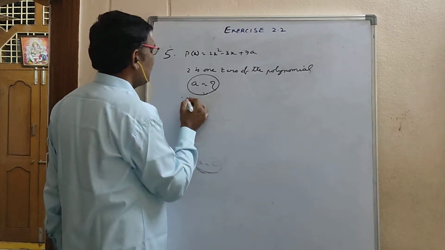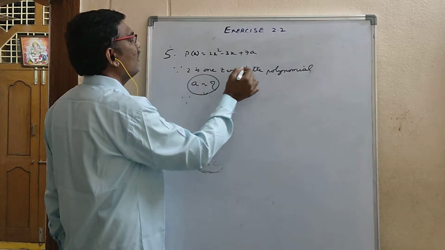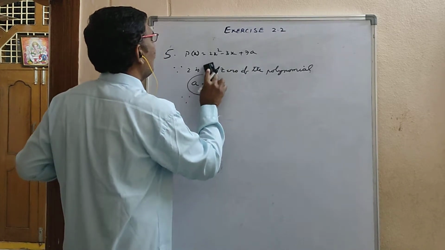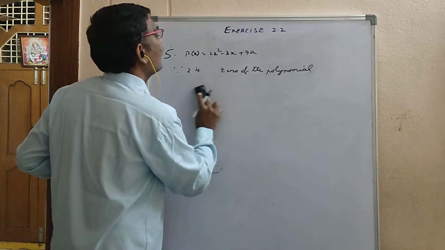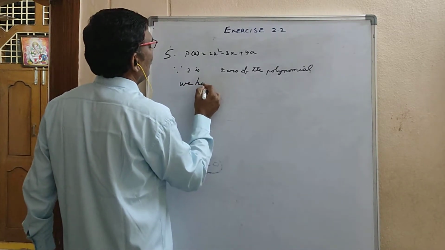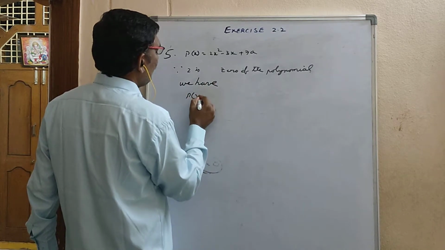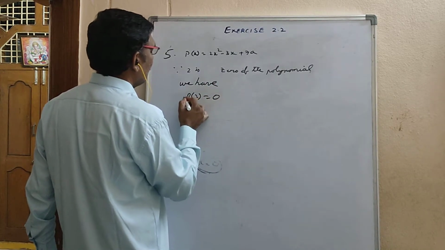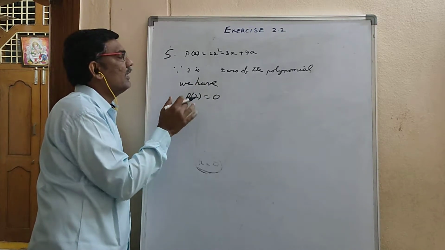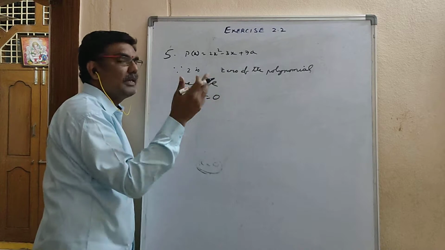Since 2 is a zero of the polynomial, p of 2 must be 0. Because zero of the polynomial, you already know about it. This 2 is the zero of the polynomial given.